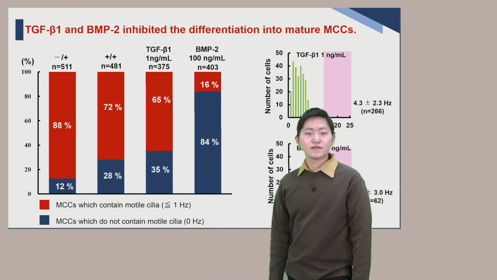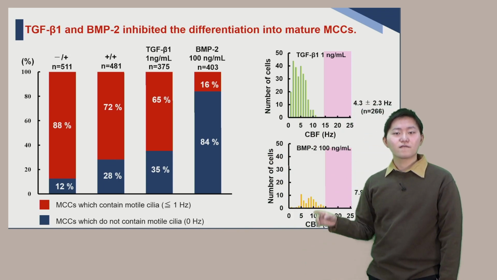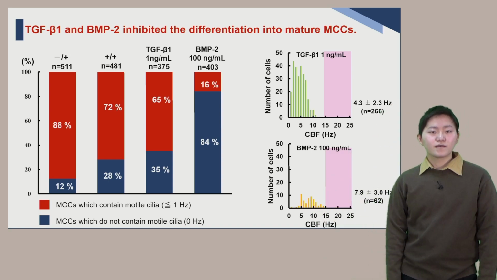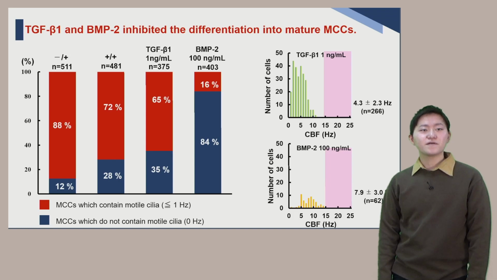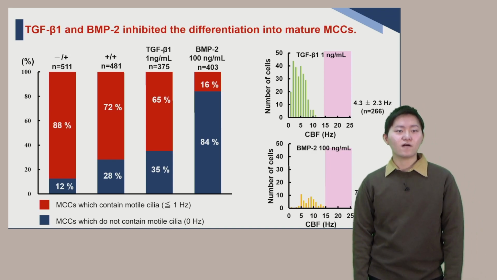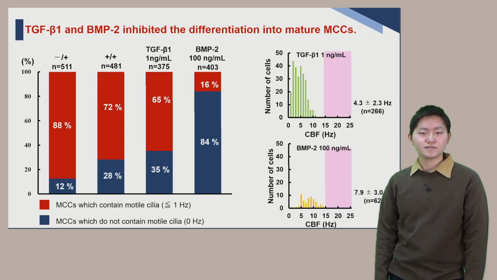Furthermore, the mean CBF was also significantly lower in both conditions, and mature ependymal MCCs were not observed. From these results, it is supposed that TGF-β1 and high concentration of BMP2 inhibited the differentiation into mature ependymal MCCs.